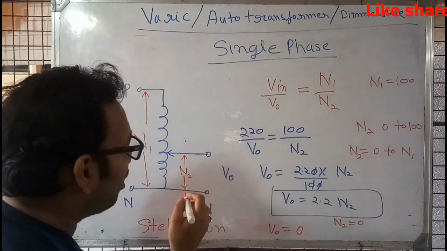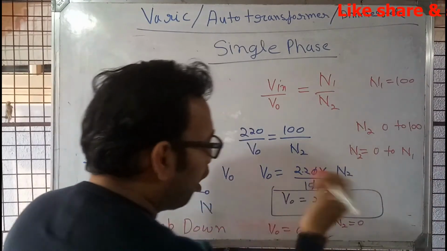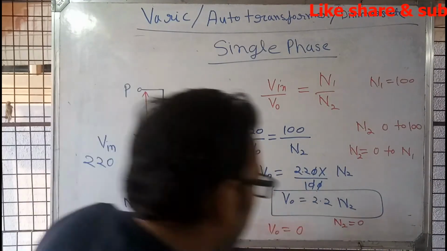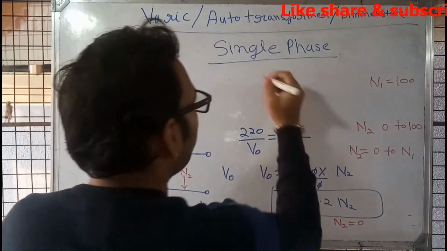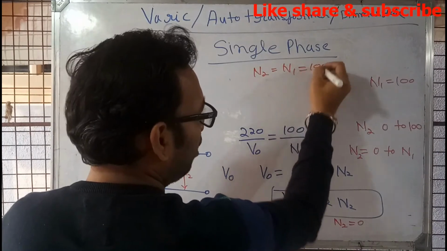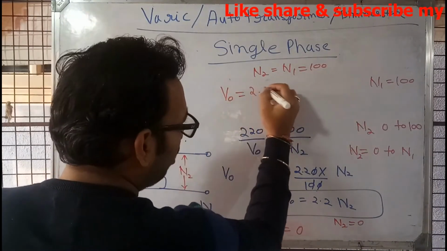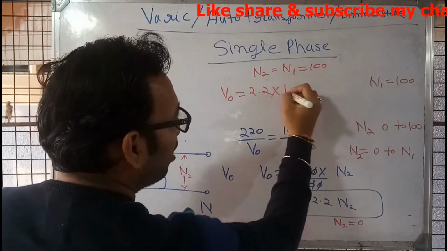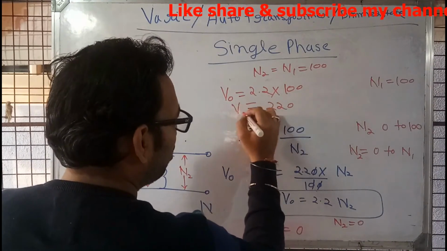When my pointer is going from 0 to the maximum, N1, my output voltage is for N2 equal to N1 equal to 100, V0 is equal to 2.2 multiplied by 100, that is 220 volt.